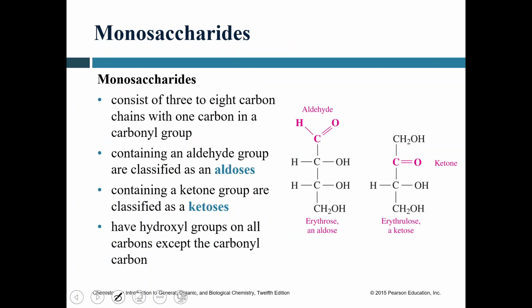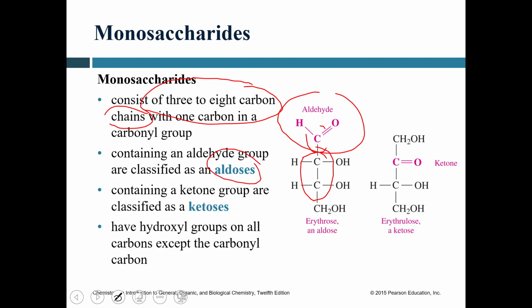Typical monosaccharides consist of 3 to 8 carbon atoms, with one carbon in a carbonyl group. If that carbonyl group is in an aldehyde, we call such monosaccharides aldoses.